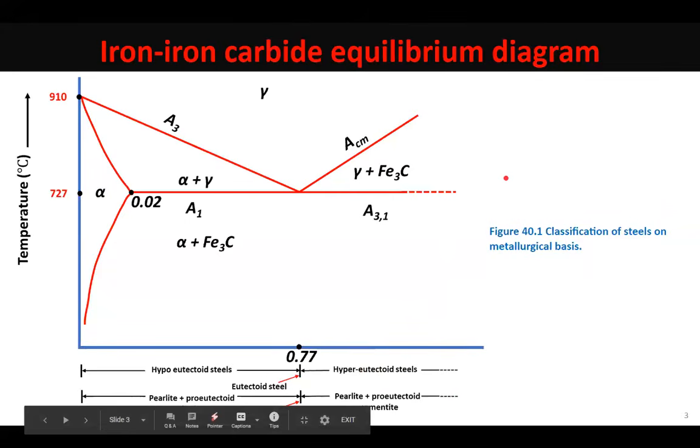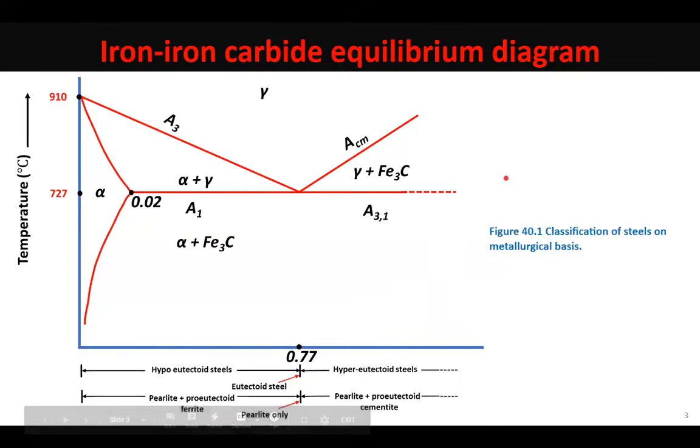See students, any iron carbon system at room temperature, if it has reached through equilibrium cooling, it will definitely contain perlite in it. We have to see what in addition to perlite, mind it, under equilibrium cooling conditions, because we are talking about the iron carbon equilibrium diagram.